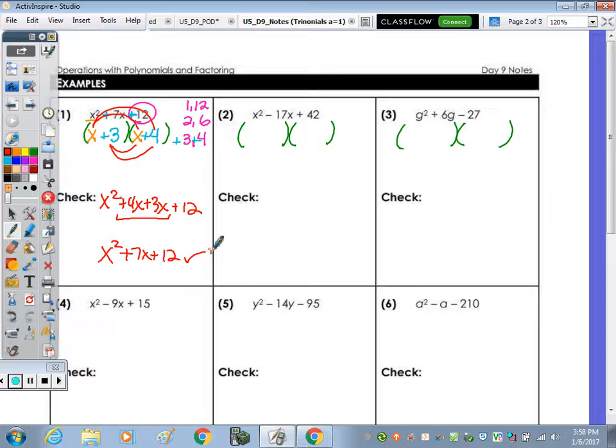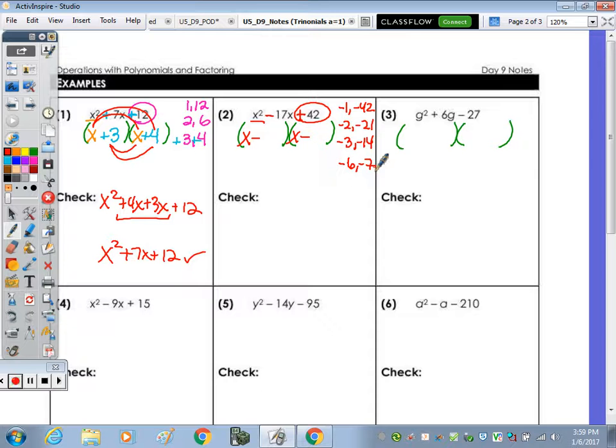And the next one, again, it's going to be x times x to give us x squared. Factors of 42. The signs are going to be the same because it multiplies to a positive, and since it adds to a negative, they're both going to be negative. So is it going to be -1, -42, -2, -21, -3, -14, or -6, -7.